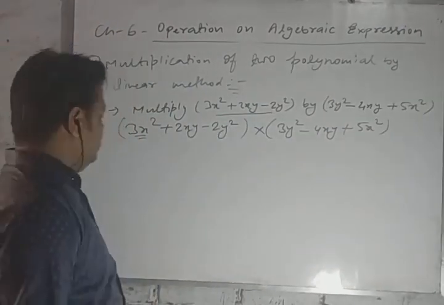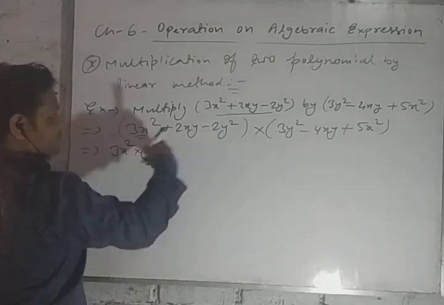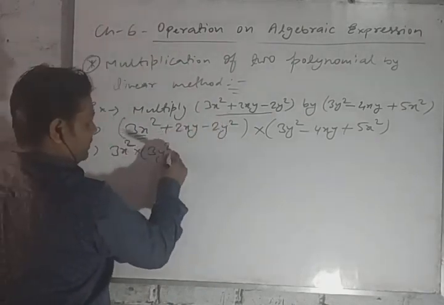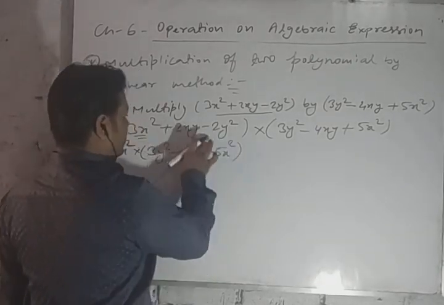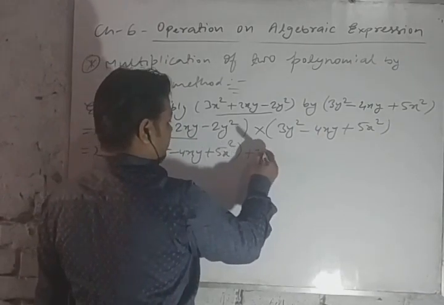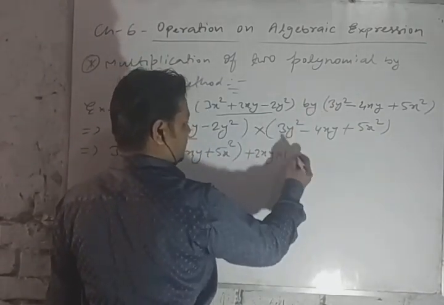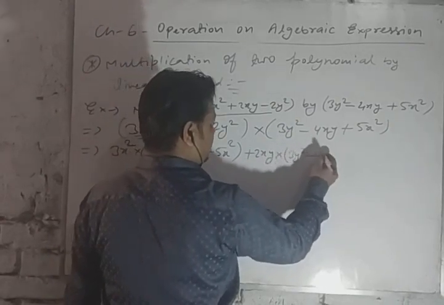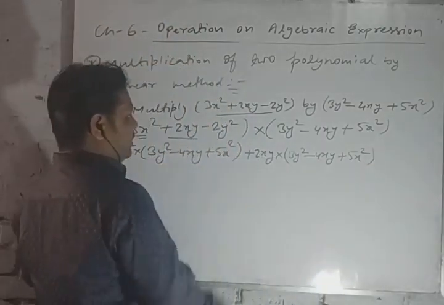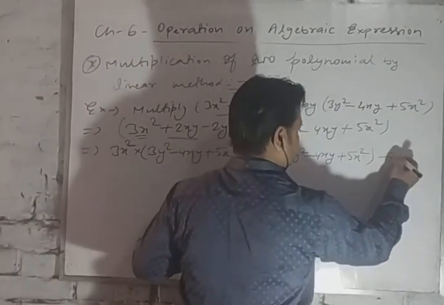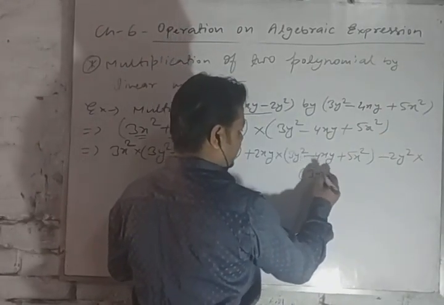Distributive law we will use here: first term of first expression, 3x square, into the second expression. Then second term of first expression with the second expression, 3y square minus 4xy plus 5x square. Then minus 2y square into again the second expression.